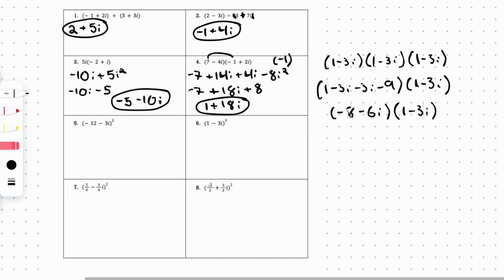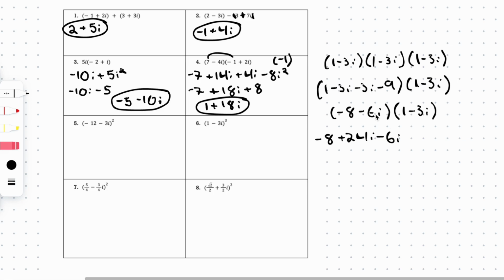Okay, great. Now, let's use the distributive property and FOIL this. So negative 8 times 1 is negative 8. And then we have negative 8 times negative 3i, so that's positive 24i. Then we have negative 6i times 1, so that's negative 6i.